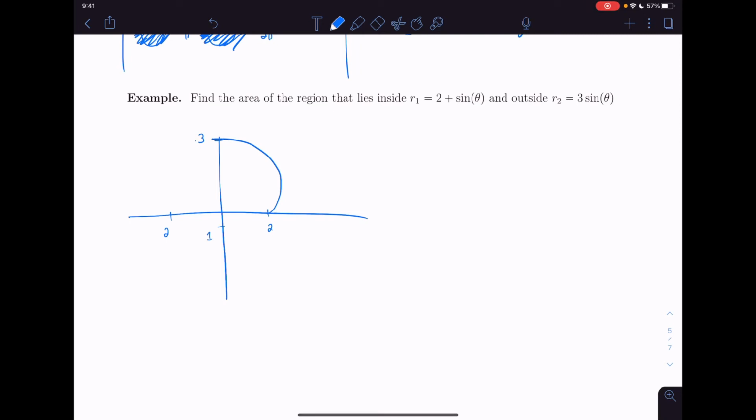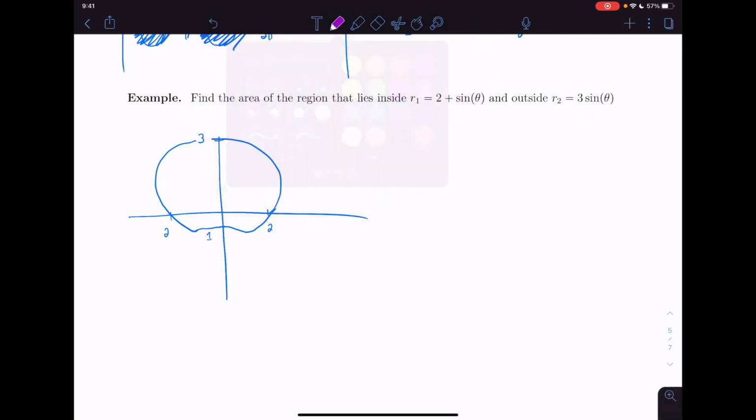That's the upper portion, comes down, and then what it's going to do here, it's going to come back in, touch 1, come back out, and then connect like that. And then instead, this is a circle of diameter 3 that is tangent to the pole pointing upward.